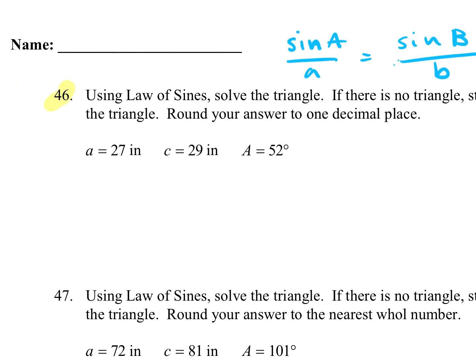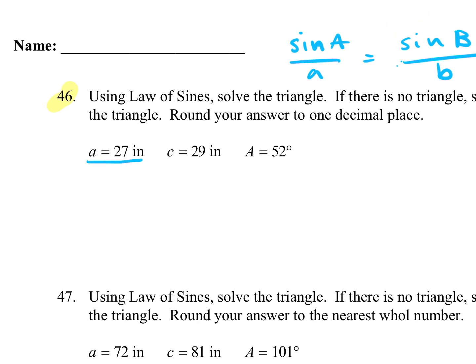So here, let's start with the pair that we're given. So we're going to say sine of the angle, so 52 over 27 is equal to sine of C over 29. So we're looking for angle C. So to solve, we're going to cross multiply, or just multiply both sides by 29.